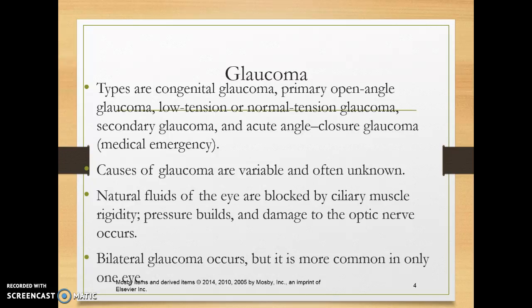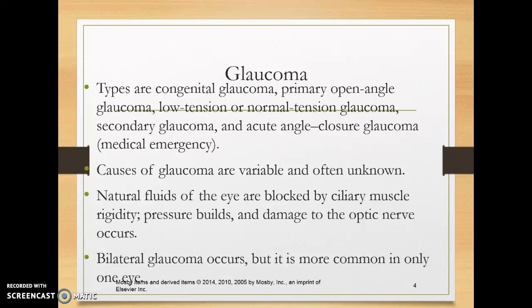Natural fluids of the eye are blocked by the ciliary muscle rigidity. Pressure builds and damage of the optic nerve occurs. So the eye has the damage back there behind it, and because of that pressure that builds up, it damages the optic nerve, which then would cause a decrease in vision.